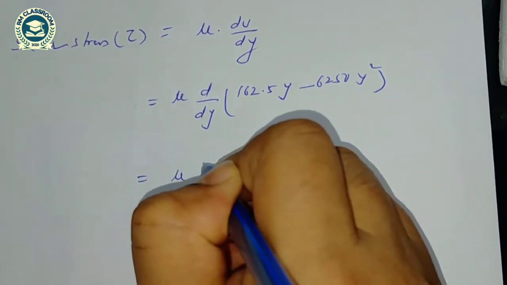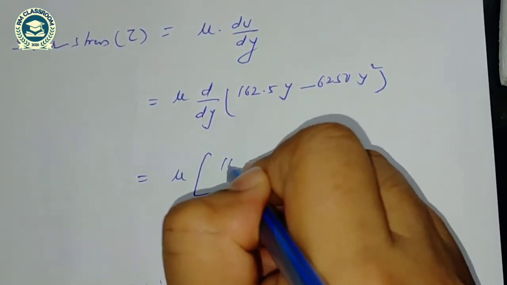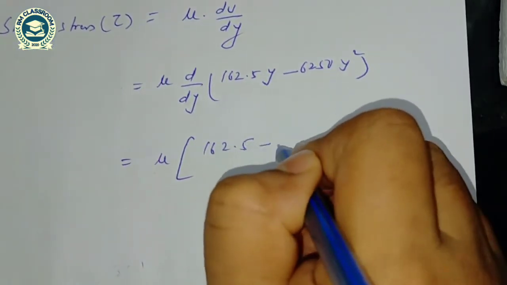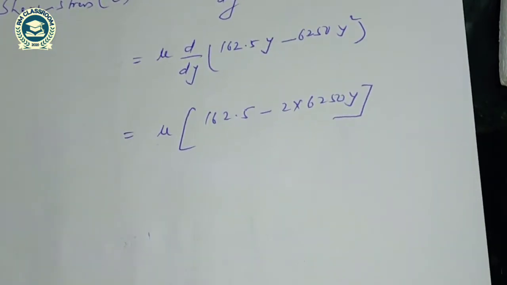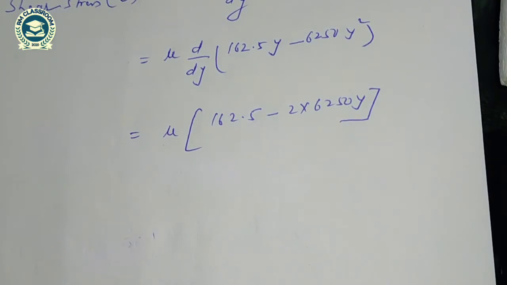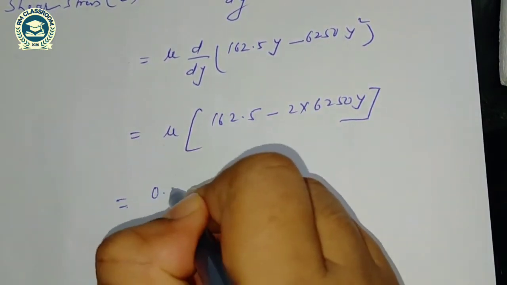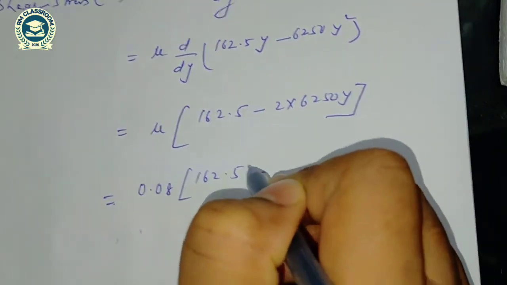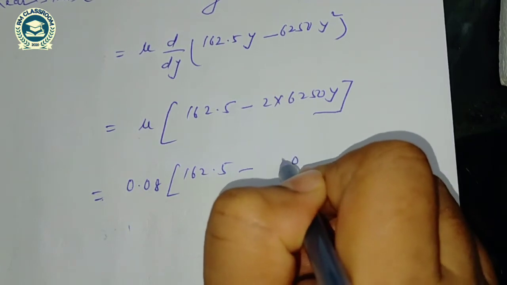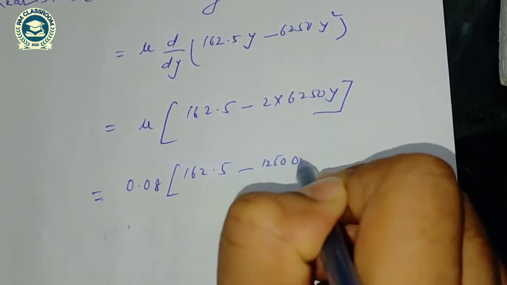So mu into 162.5 minus 2 into 6250 y. If I put the value of dynamic viscosity, so 0.08 into 162.5 minus 12500 y.